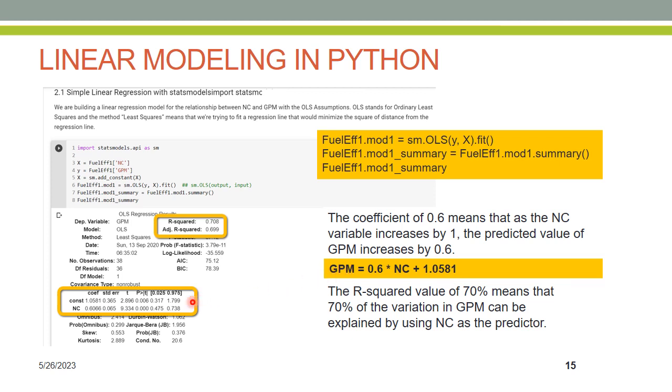We're also seeing the other variables here, the standard error, our t-value, our p-value, with the confidence intervals. So this is the output of statsmodels, which gives you a very nice table.